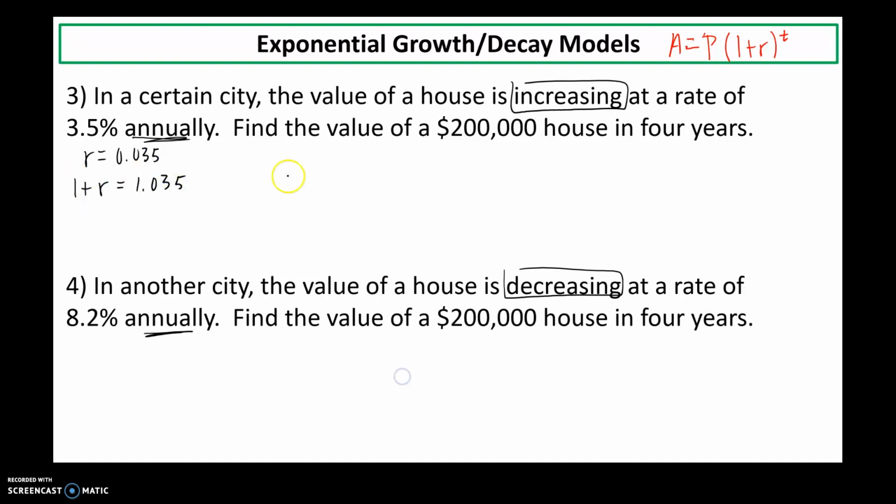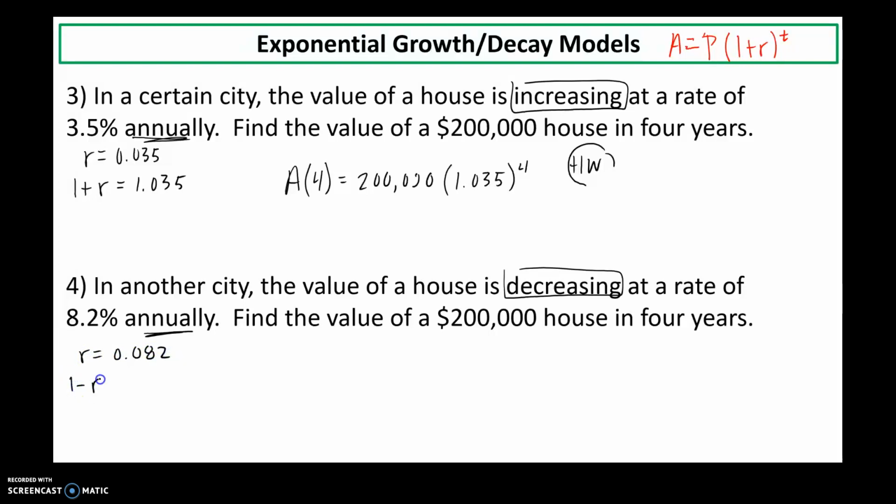So then my amount after 4 years, so the value of the house after 4 years, the initial value of the house is $200,000, times 1.035, and I raise that to the 4th power. Use a calculator, find that answer for me. So now to set up number 4, if I'm decreasing, my rate as a decimal is 0.082.